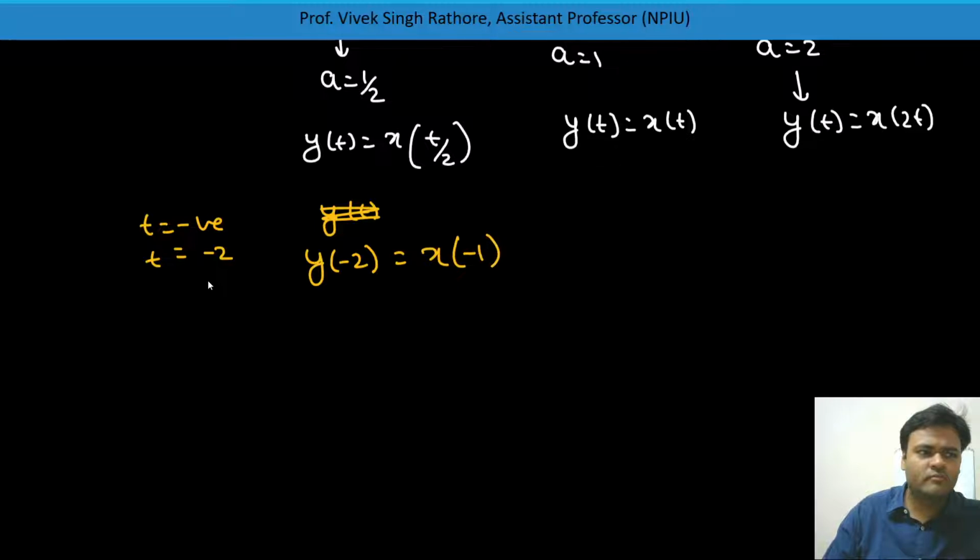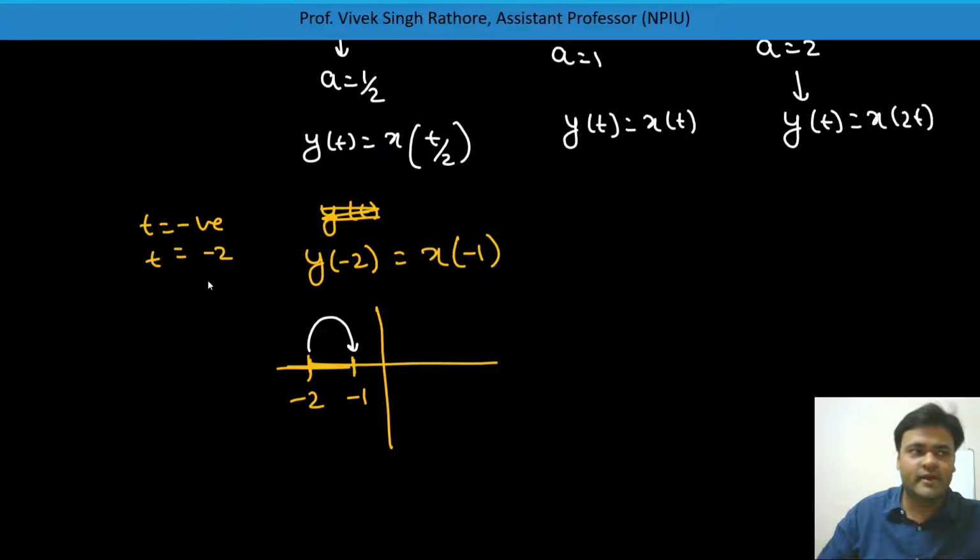On the time axis, here is minus 2 and here is minus 1. Does this value depend upon a future value? Yes, it depends. So this system cannot be causal, this system will be non-causal.